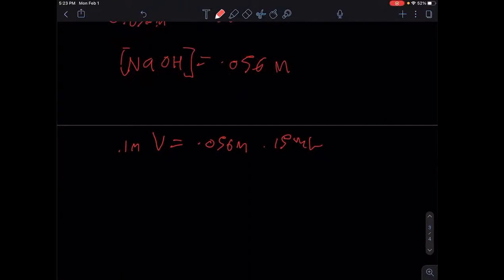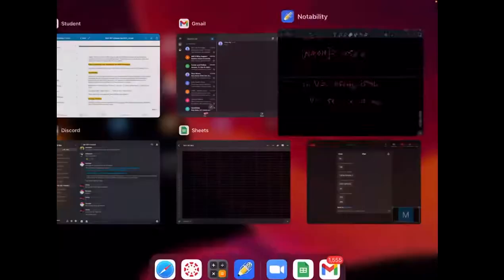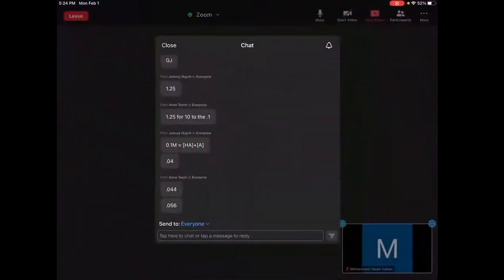So the units cancel out. Someone do this calculation and tell me how many milliliters this is. It's 2.8. 2.8.